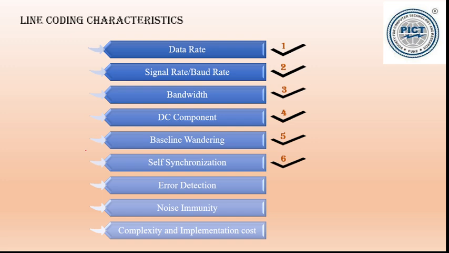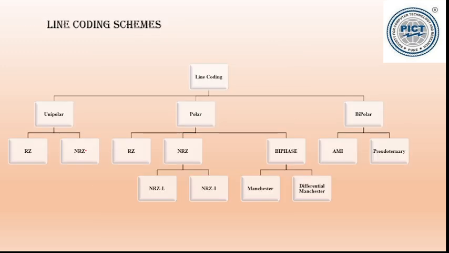Sixth, self-synchronization. Error detection. Noise immunity is very important to transfer the binary bits in the form of various line codes through a communication channel. Finally, implementation cost and complexity of the system. So these are the line coding characteristics.